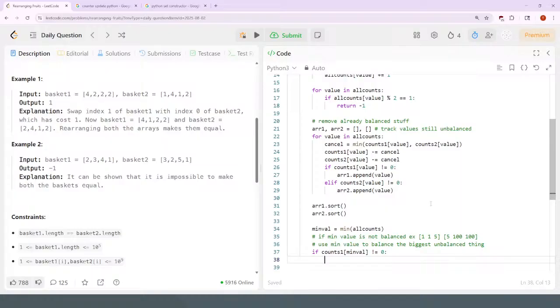Okay. So the biggest thing in the second array is going to be the array 2 at -1, or the -1 from the last. So array 1 at the front.